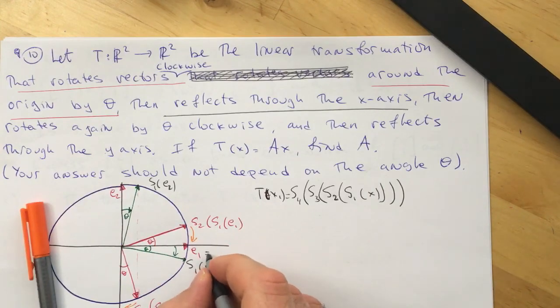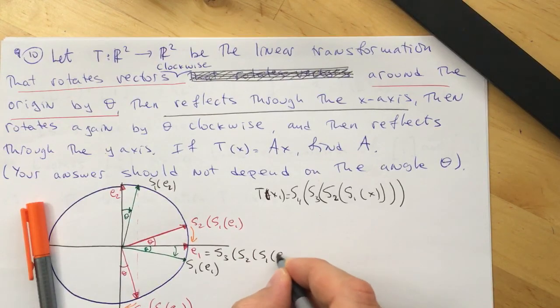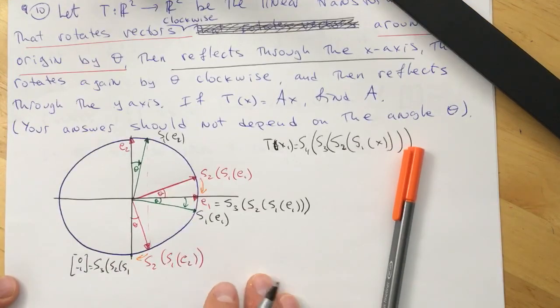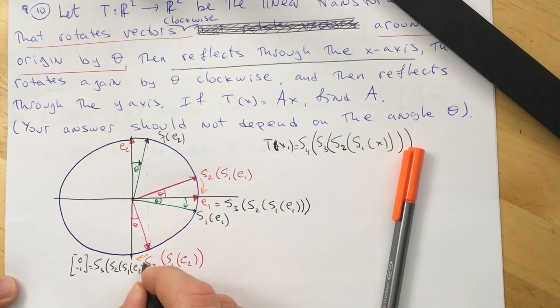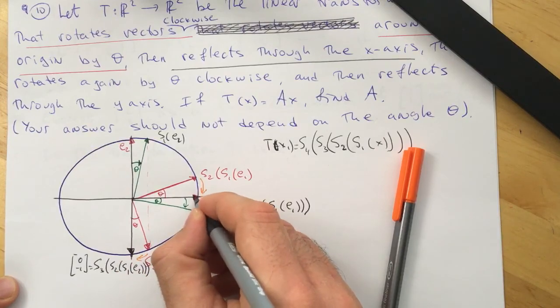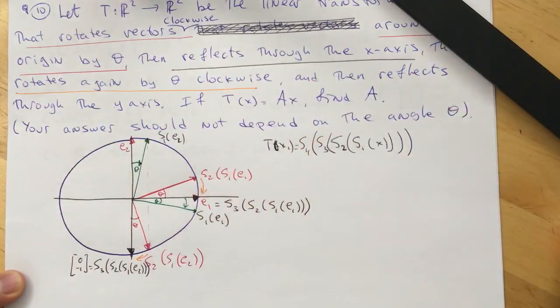We get that e1 goes to S3 of S2 of S1 of e1, and then this vector right here, which is the vector (0, -1), is S3 of S2 of S1 of e2. Okay, so this is also done.